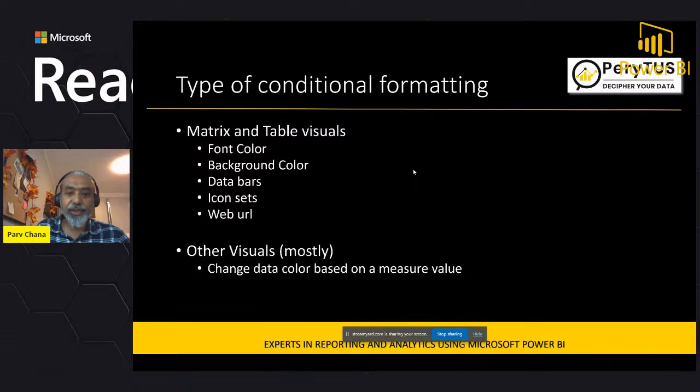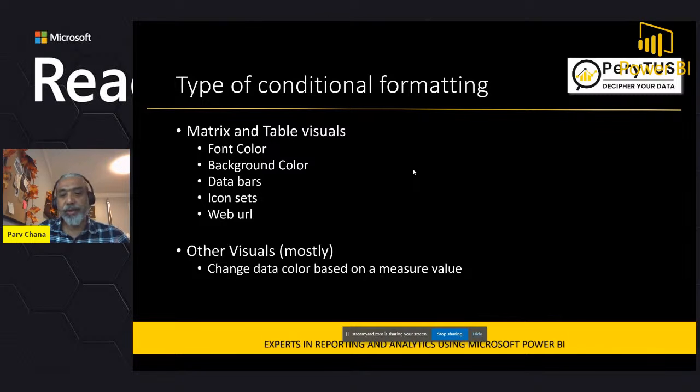For a lot of other visuals, conditional formatting is mostly used, let's say, if you're looking at a bar chart or a line chart or any other visual. Usually, you have data points which you want to highlight. For example, if you're looking at sales by month, you want to highlight the lowest sales bar with the red color and the highest sale with the green color.